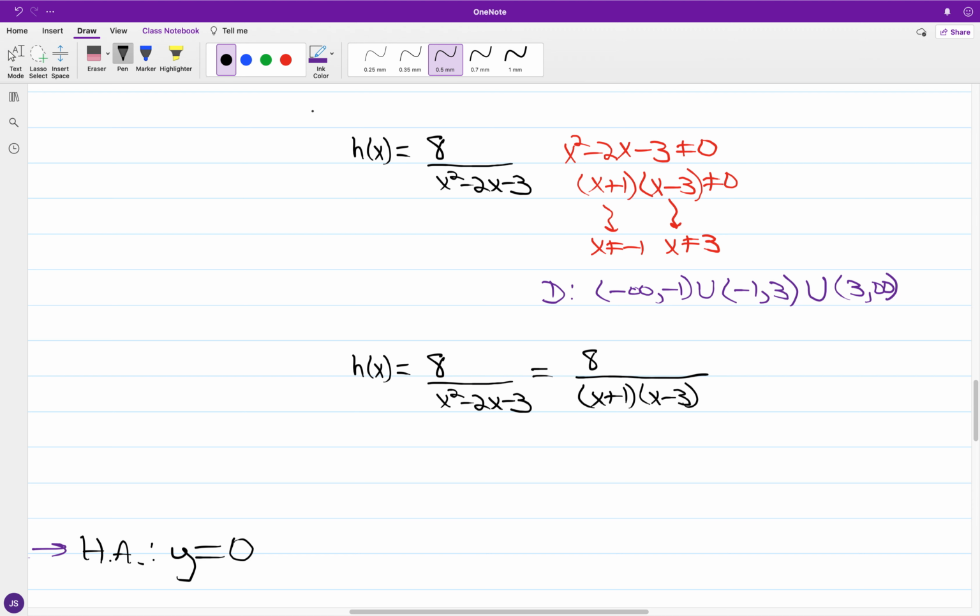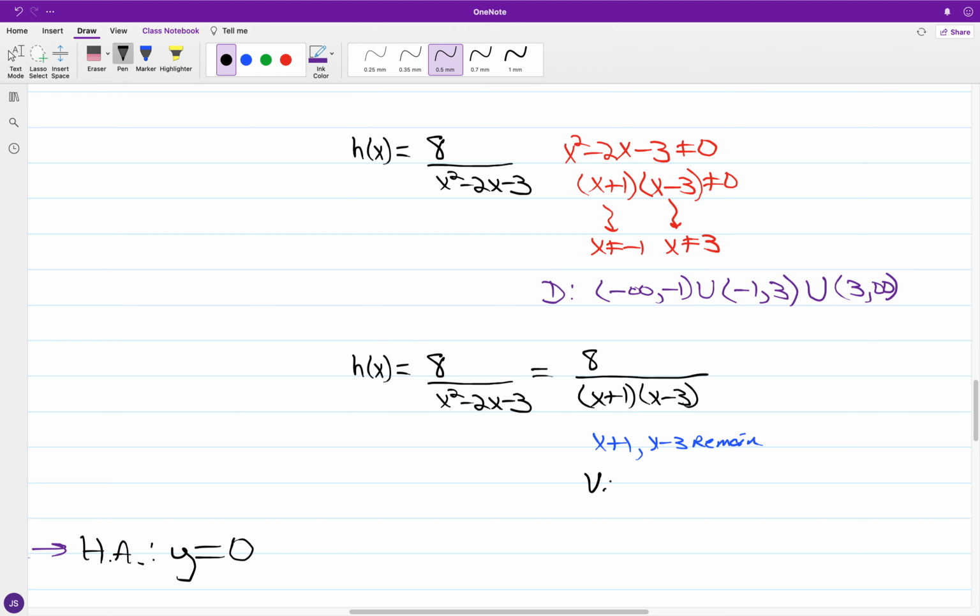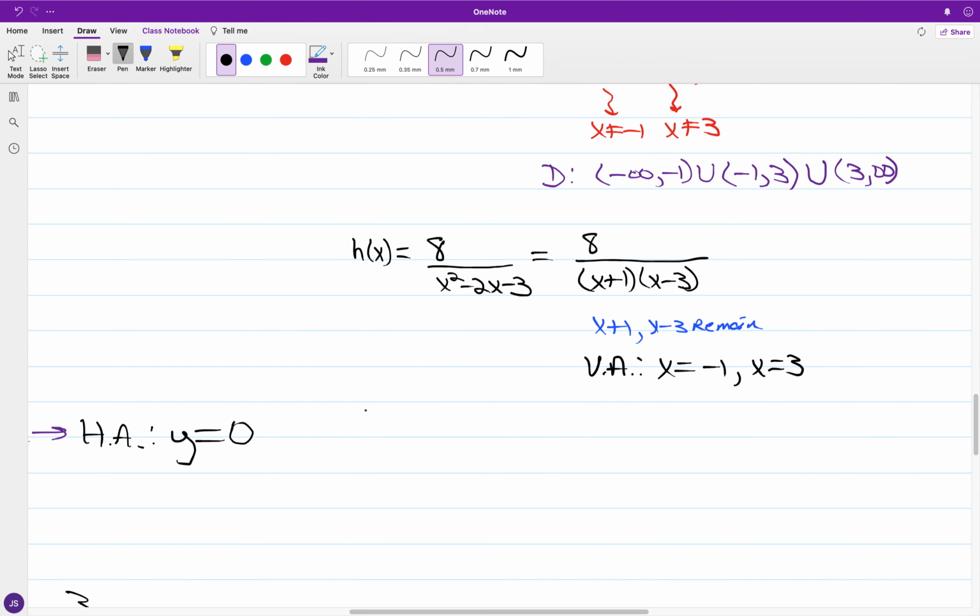And so you're going to have the factors remain. So that means that both of these restricted values are going to form the vertical asymptotes, where we have x equal to negative 1, and also where we have x equal to 3. Okay, so you have two vertical asymptotes.